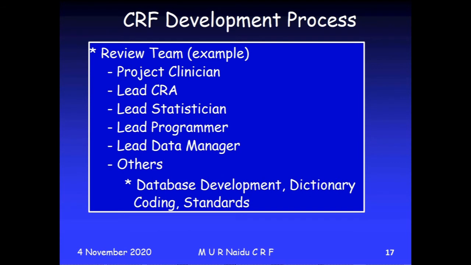Review team examples are the project clinician, lead CRA, lead statistician, programmer, data management, and other people like database development, dictionary, coding and standards. All these things are required for the case record form development process. All these people will be involved in developing the case record form for any clinical trial.